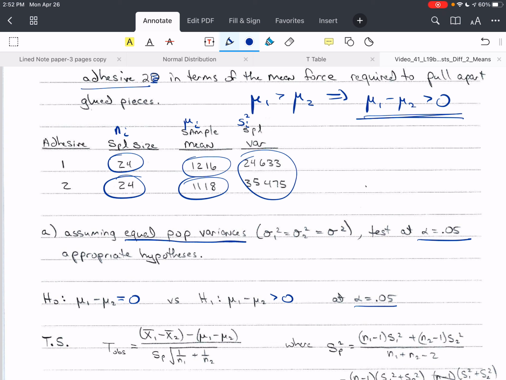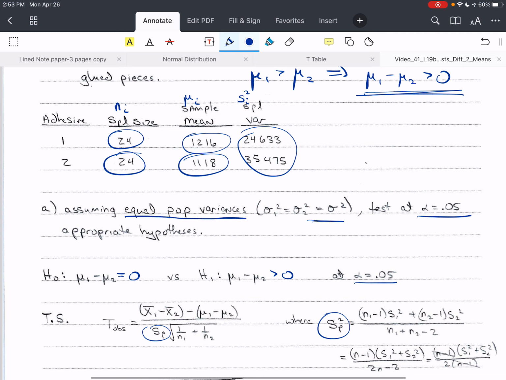So the test statistic that we're going to use is the one where we assume common variances, so we have to use the pooled sample variance, or sample standard deviation here. And here's our formula for the S sub p squared. And I wanted to show you that if n1 and n2 are equal, and we'll just call them n, then we have n minus 1, n minus 1.